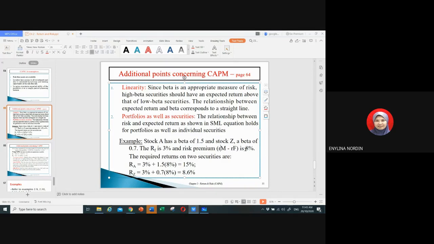It has already been calculated for us. So when we calculate the required rate of return, we straight away take 8% only. No need to do 8% minus 3%, otherwise the answer will be wrong. Okay, because of this wording. Be careful with risk premium. Risk premium is actually RM minus RF. Alright, so this is the required rate of return on stock A and Z.